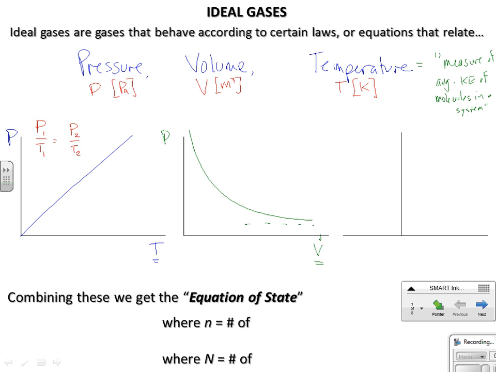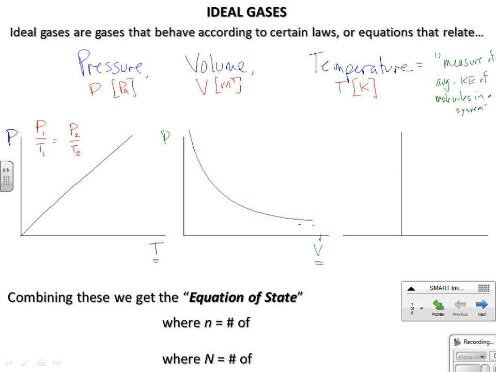That's because the particles, if there's more volume to occupy, have to travel farther between collisions with the walls of a container. If they travel farther, it takes longer. You can almost imagine the container trying to collapse, but it doesn't because of the collisions between the molecules of the gas and the walls of the container. If those collisions are less frequent, then there's less pressure.